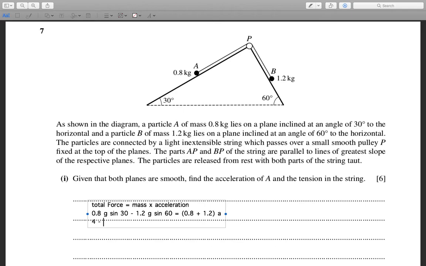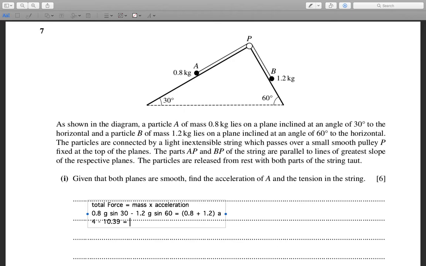Multiplying with sin 60, 12 times sin 60 is 10.39.